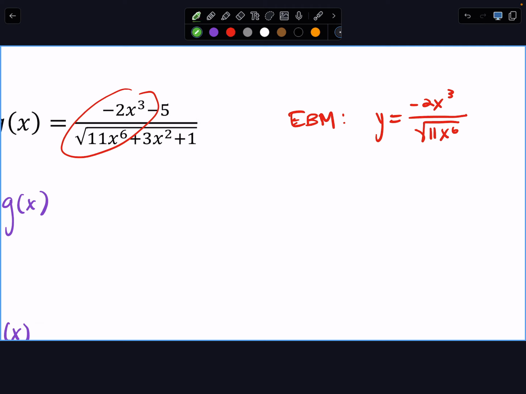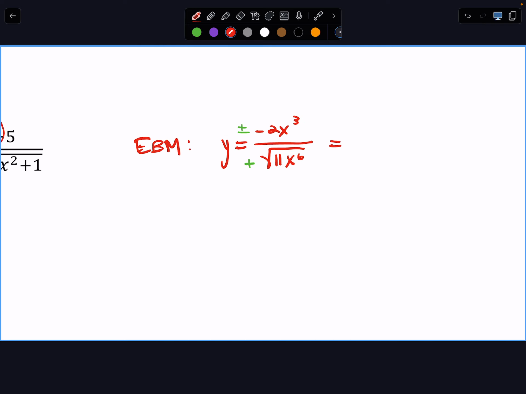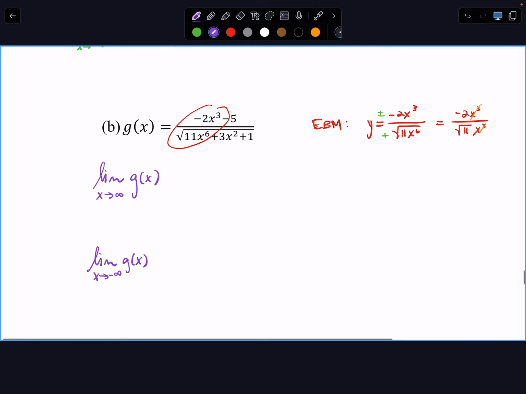The limit as x is approaching infinity is... oh, we have to do C also?